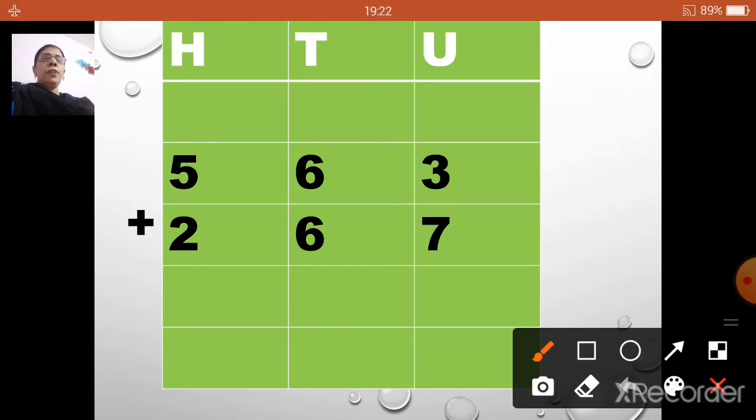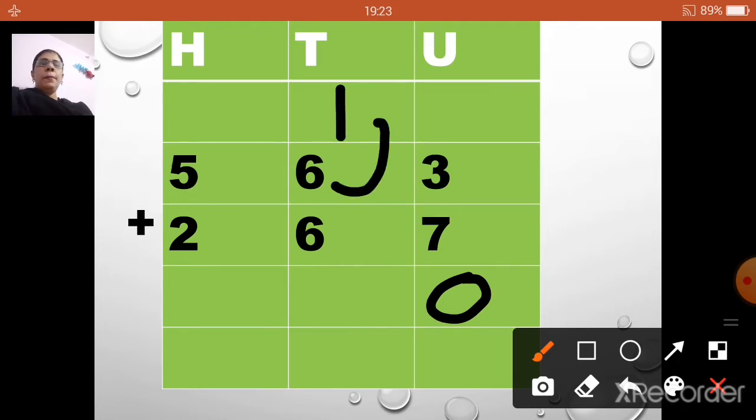Shall we start? Now 3 plus 7, children: 7, 8, 9, 10. So we write 0 here and carry over 1. Now 6 plus this 1 will be 7. To that 7, if I add this 6: 8, 9, 10, 11, 12 and 13.